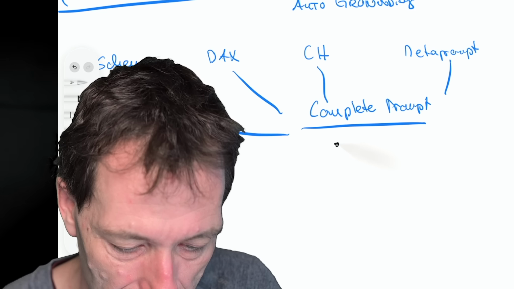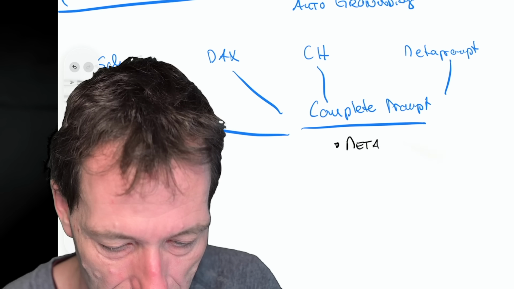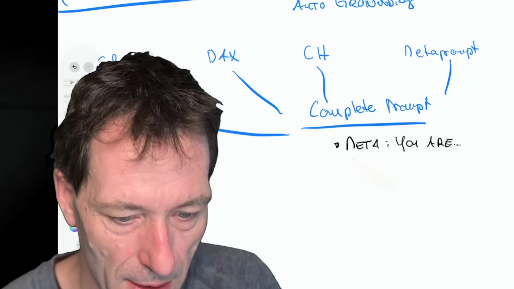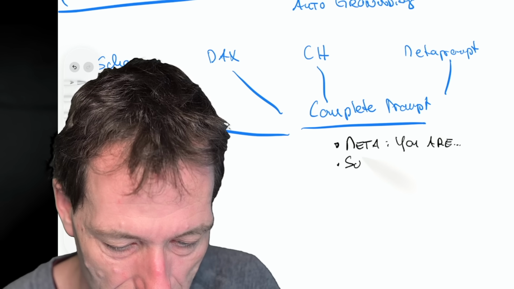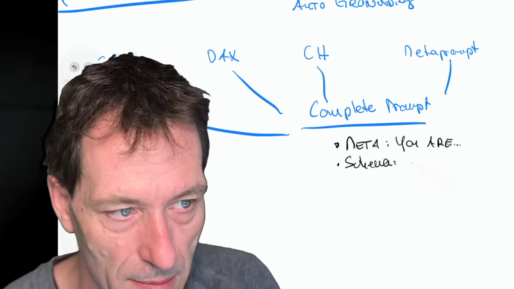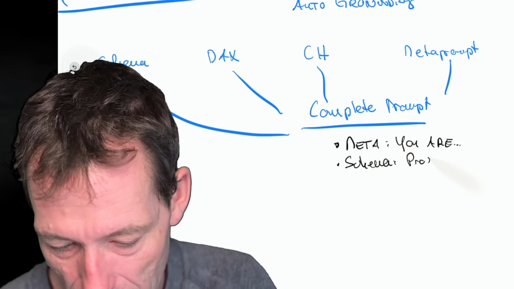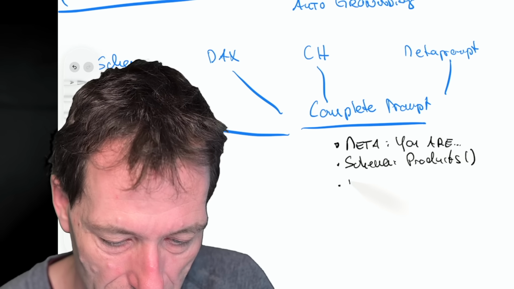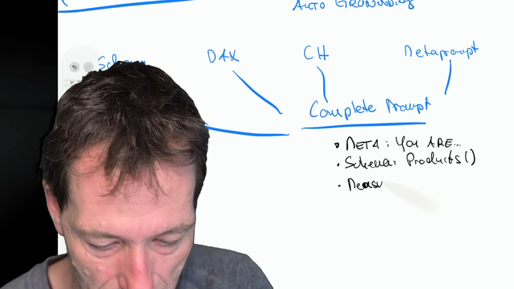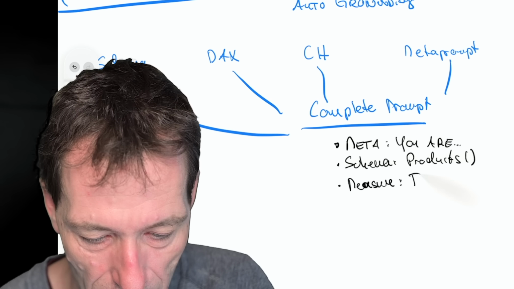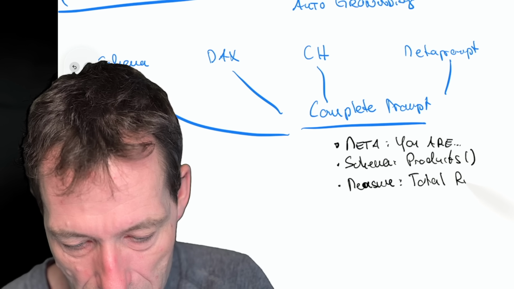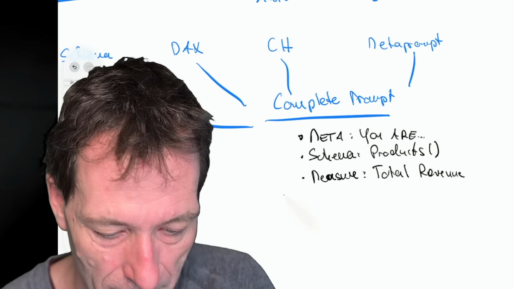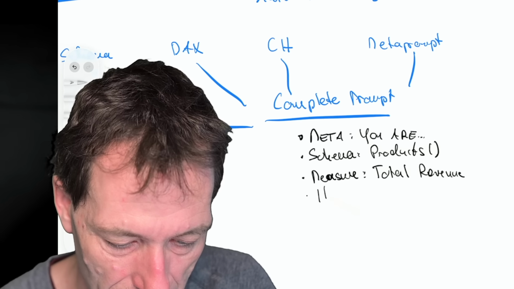So meta means you are. Schema means products, as an example. The measures, total revenue, and the history.